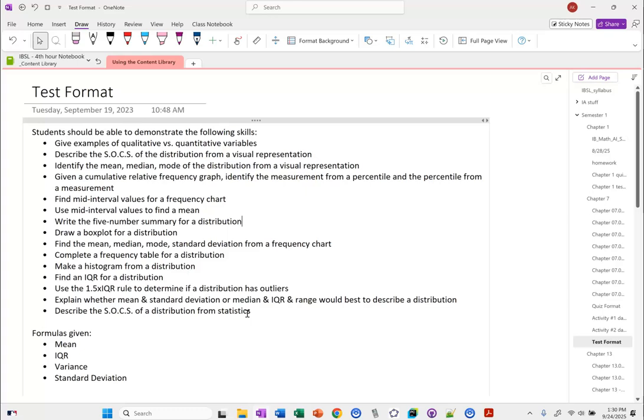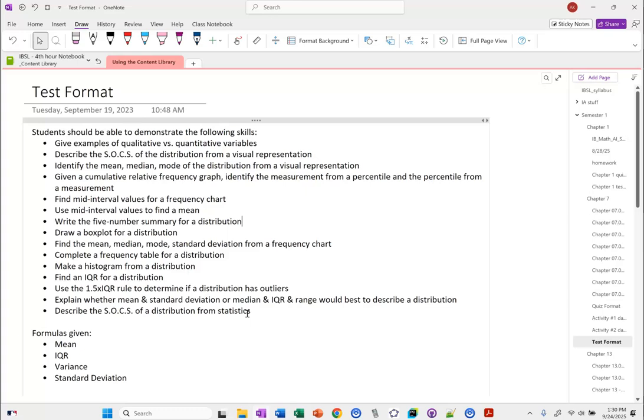So the min and max aren't necessarily where the whiskers end on your box plot. It's going to be the smallest non-outlier and the biggest non-outlier. If you do it on your calculator, will the calculator label the outliers for you? No. So make sure that you're being careful about that.